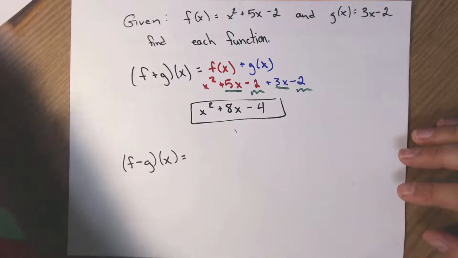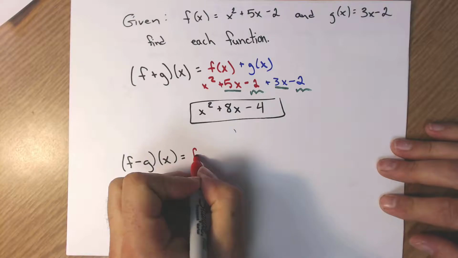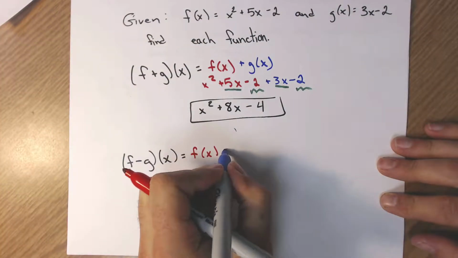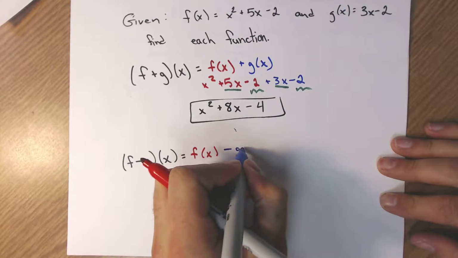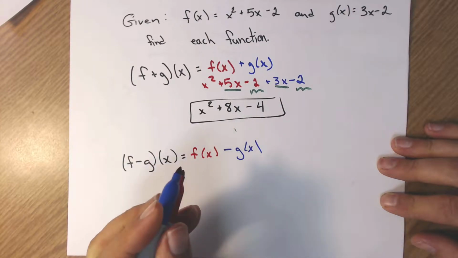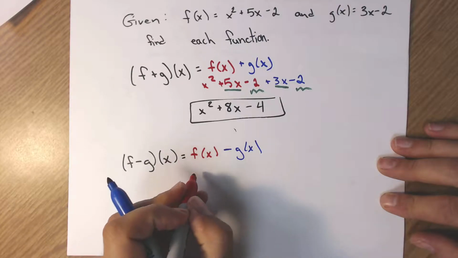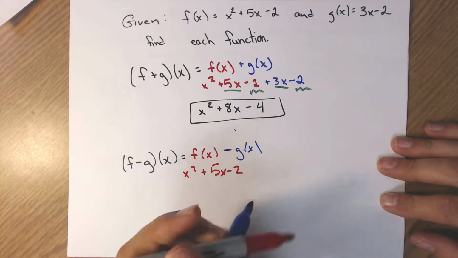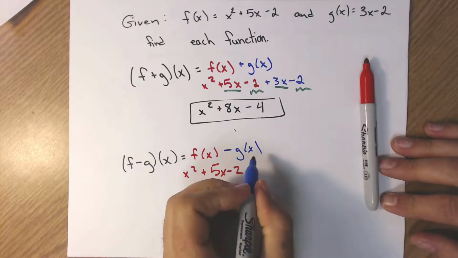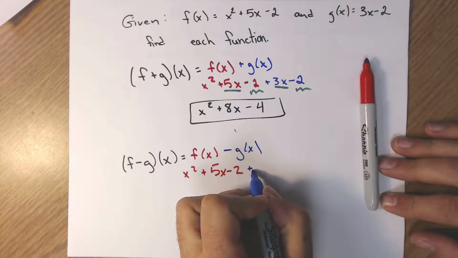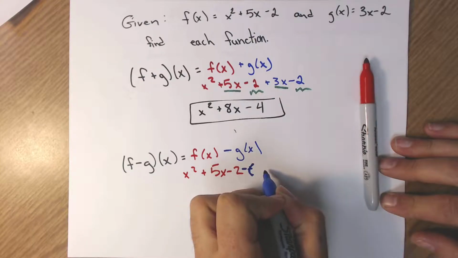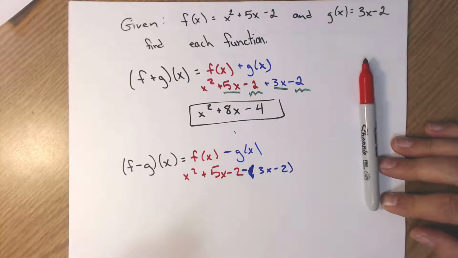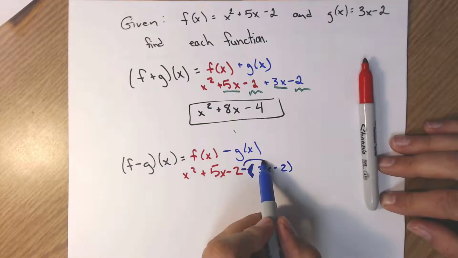The next one, f of x minus g of x. Similar thing, I'm going to split this up first, f of x minus g of x, and then I just write in what f of x and g of x are. So that's x squared plus 5x minus 2, and g of x is, put a big minus out in front, 3x minus 2. In this case, I've got to distribute that negative sign in.